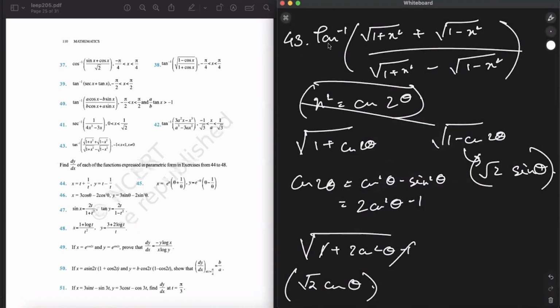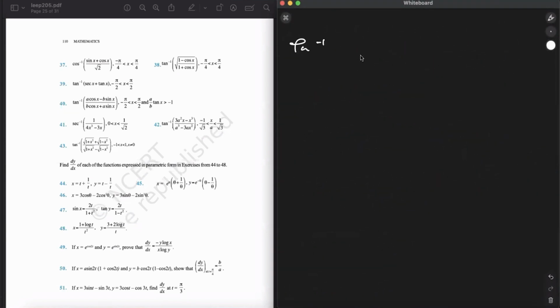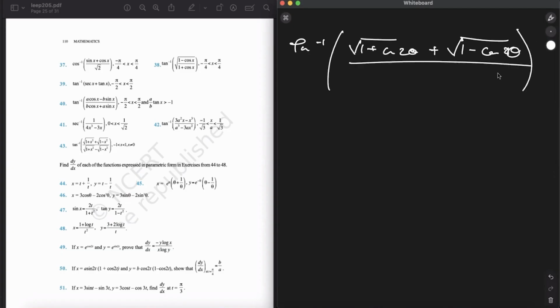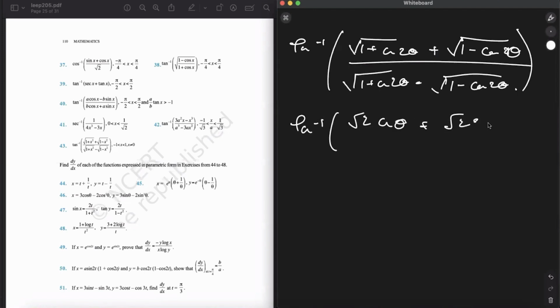So tan inverse of (under root 1 plus cos 2 theta plus under root 1 minus cos 2 theta) upon (under root 1 plus cos 2 theta minus under root 1 minus cos 2 theta). Simple. And I can write it as tan inverse of (under root 2 cos theta plus under root 2 sin theta) upon (under root 2 cos theta minus under root 2 sin theta).